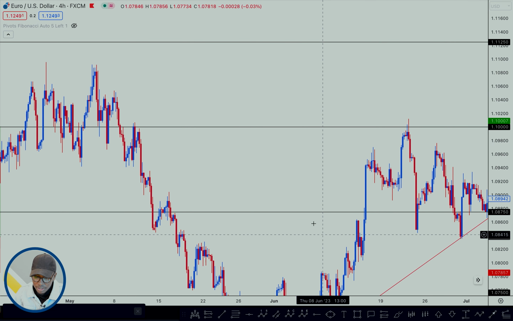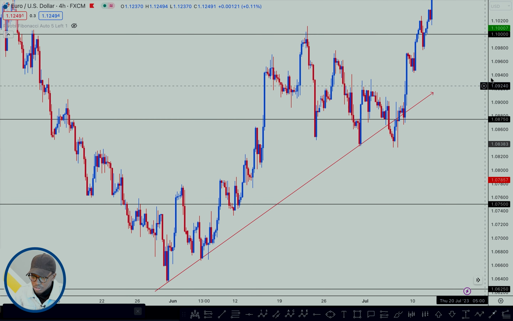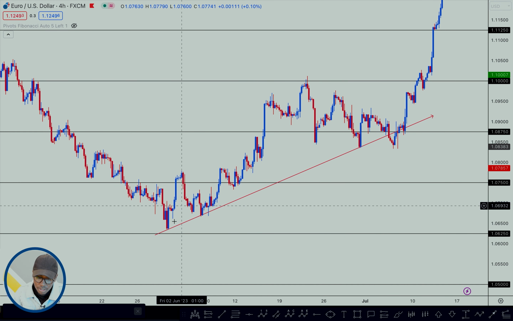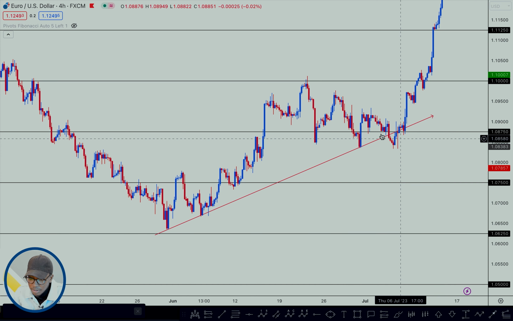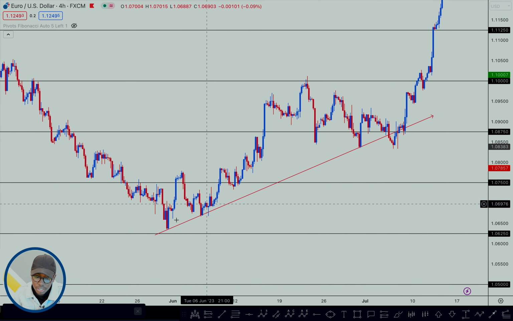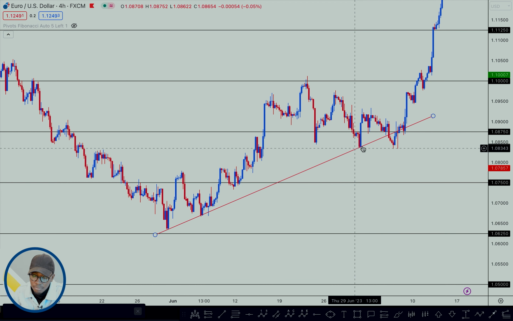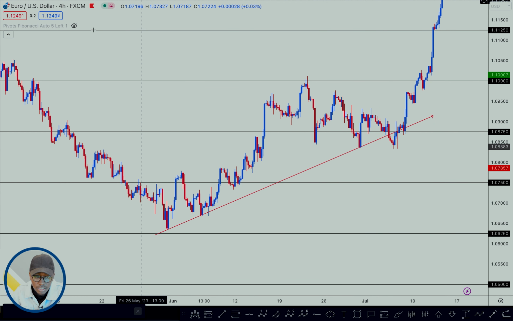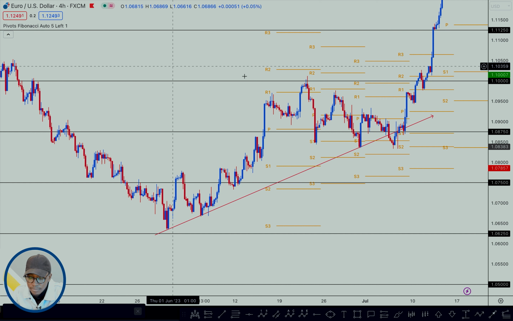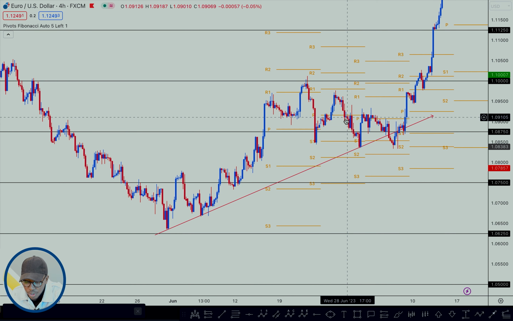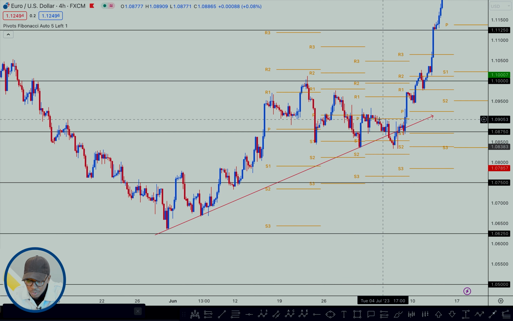For me, it was around here. My entry was at around here, being 1, 2, and then this being the third touch. Someone will also say this was a third touch, but you see where your P was too far from your entry. So for me, I used this.